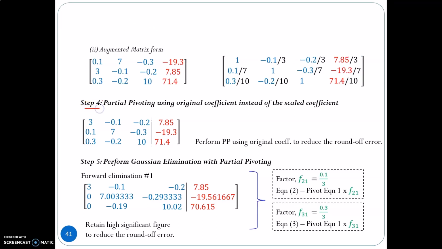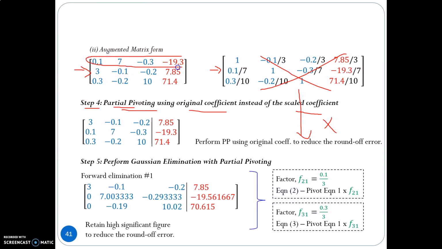In the next step, we perform the partial pivoting using the original coefficients instead of the scaled coefficients. So we do not proceed with the Gaussian elimination with partial pivoting from the scaled matrix. No. From here, since we know that we need to perform the partial pivoting by switching row 1 to row 2, you can see the first row here is switched to the second row, and the second row here is switched to the first row.